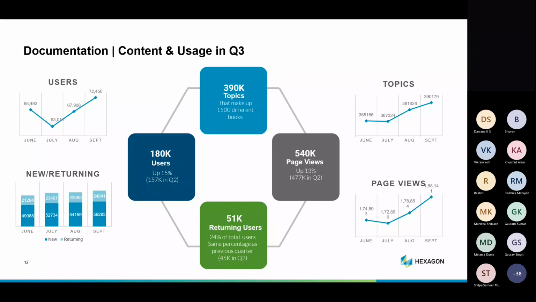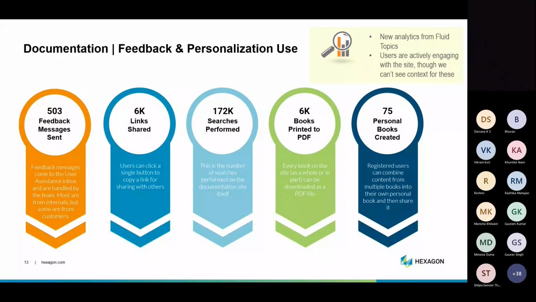We can look at the number of users who have been logging in each month. Then what were the topics that were looked at? How many page views have happened? And how much feedback has been given by the users? How many books were printed to PDF? Personal books created.